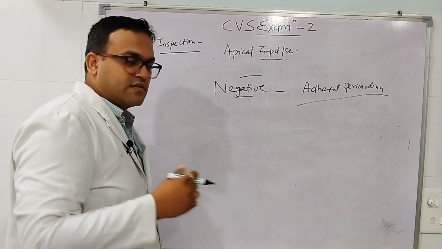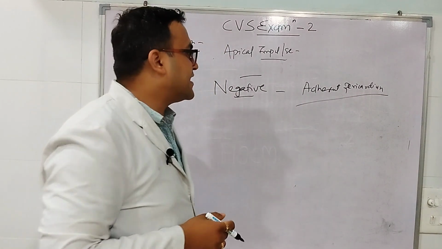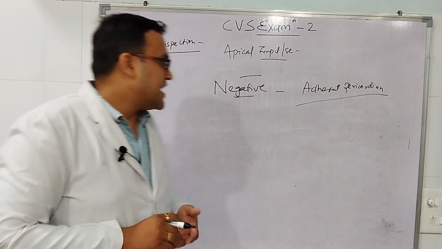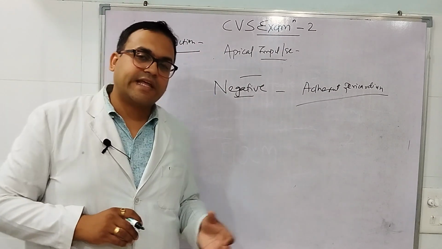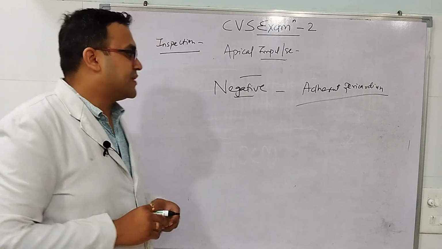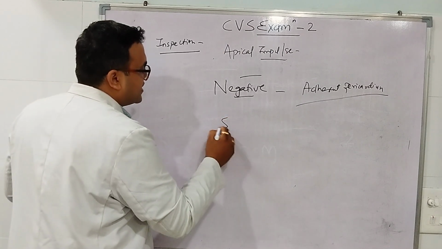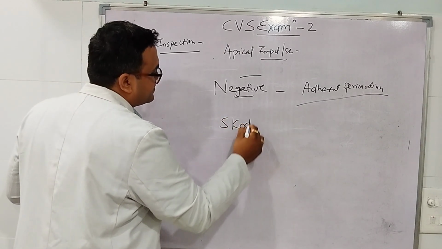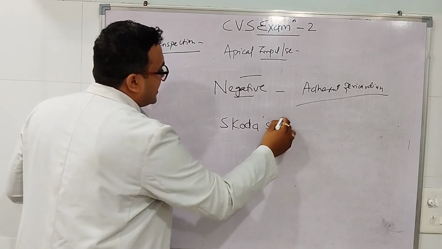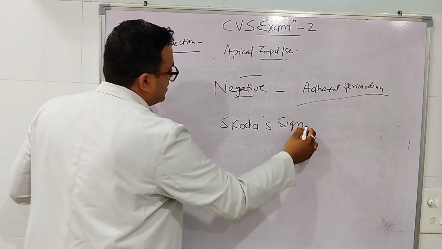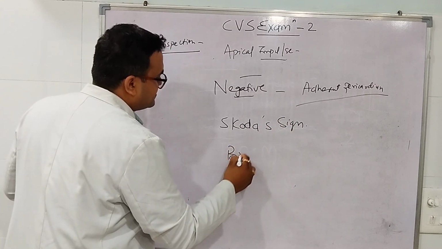Because of chronic disease there is fibrosis in the pericardium, the pericardium becomes adherent, and that can cause a negative apical impulse. This is also known as Skoda's sign or Broadbent sign.